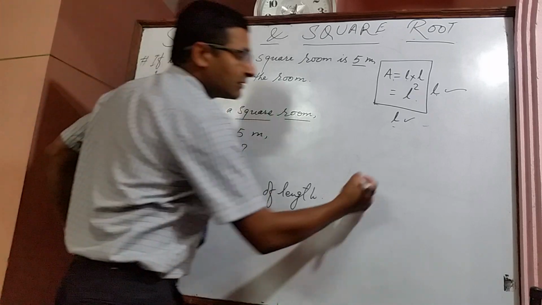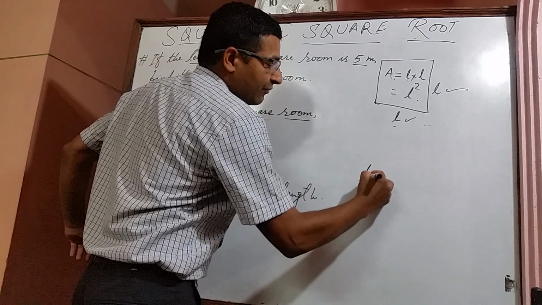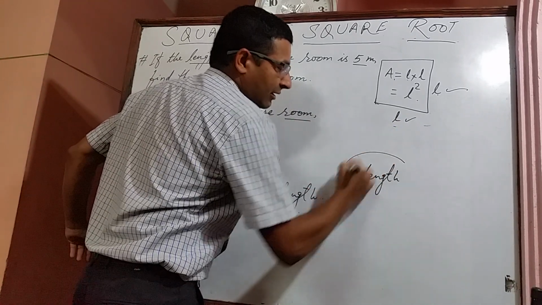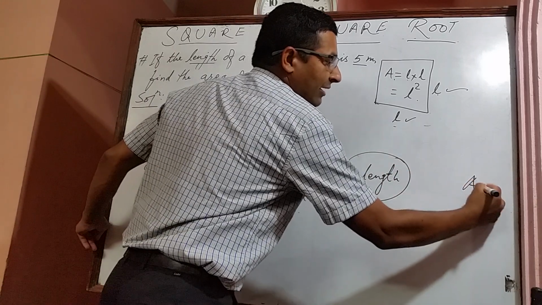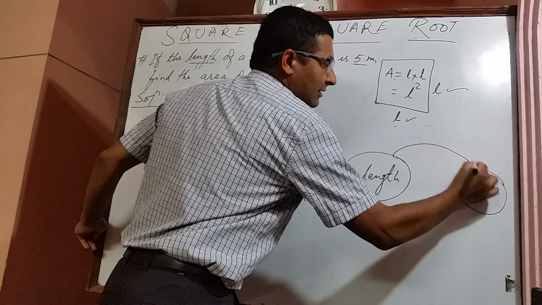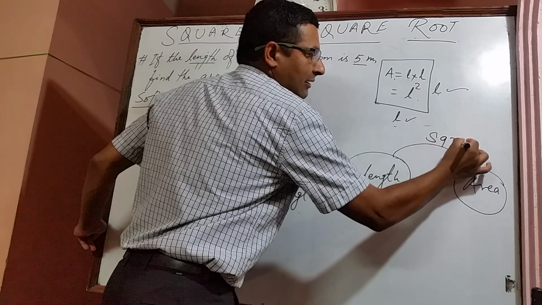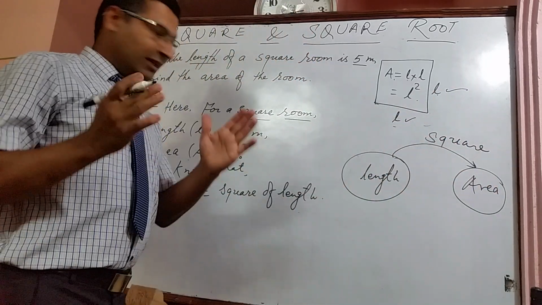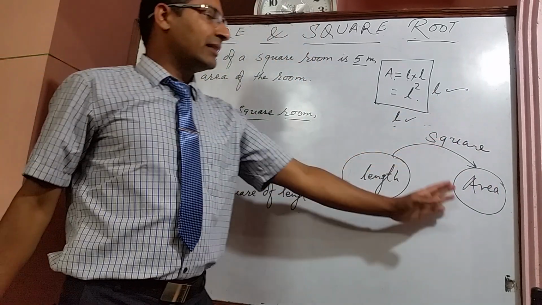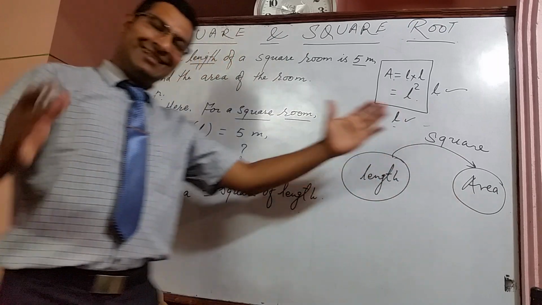Yes, because if the length is given, how do we find the area? That is square. It means the square of the length is the area. It is very simple.